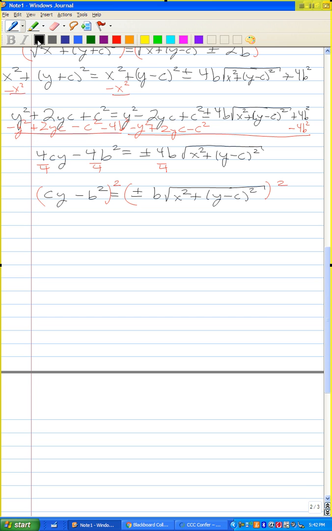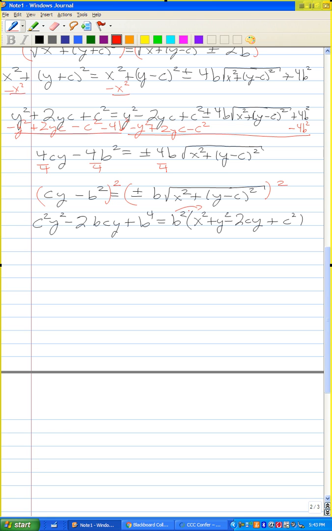And so I get c squared y squared minus 2bcy plus b to the fourth is equal to b squared times x squared plus, well, actually, let me multiply this out. So this is y squared minus 2cy plus c squared. And so, finally, all the signs have disappeared.